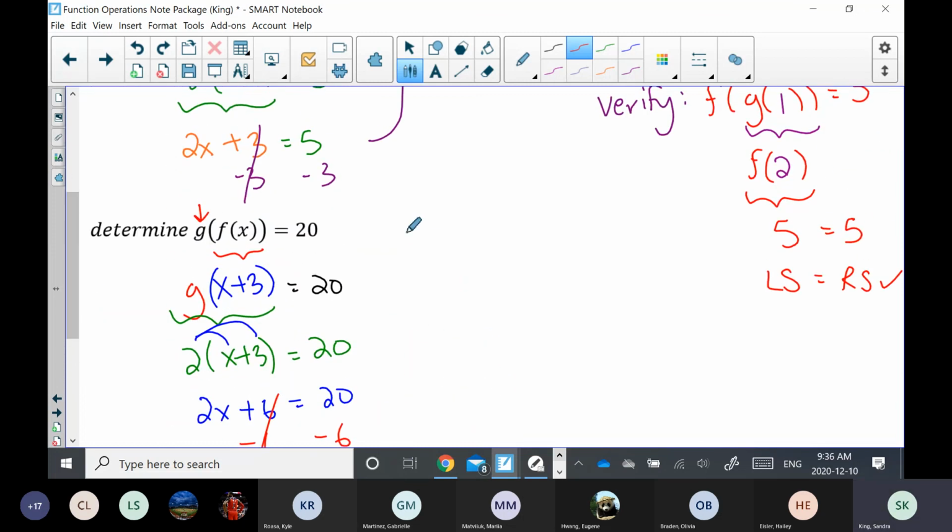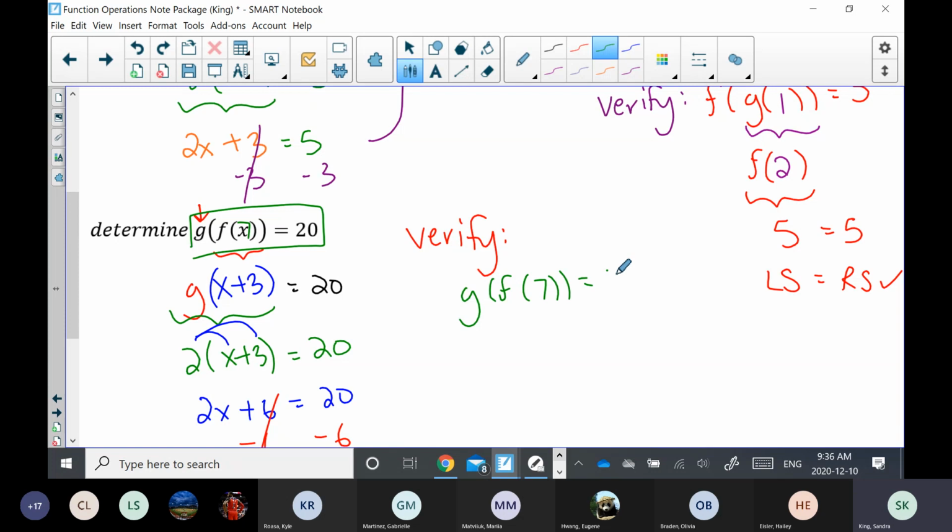And what we need to do now is verify. Okay, so what we're verifying is this, but I'm going to input a 7 here. So I'm going to verify g of f of 7, 2 functions, you close 2 brackets, is equal to 20.